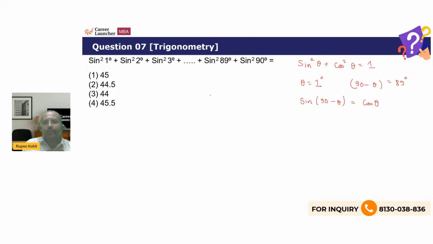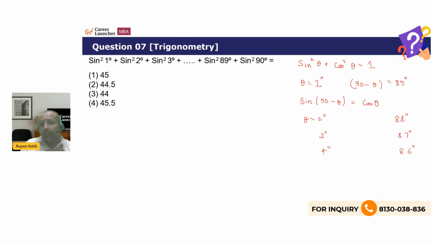So in this expression, you have so many pairs of such values. For theta equal to 1, you have 90 minus theta equal to 89. For theta equal to 2 degrees, you will have 88 degrees. For theta equal to 3, you will have 87, for 4 you'll have 86.